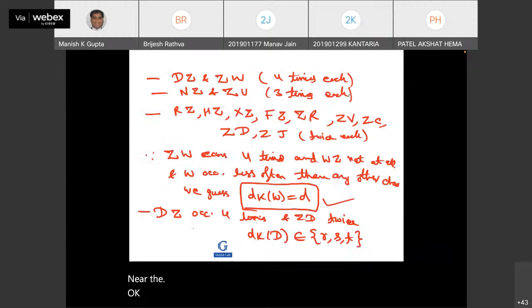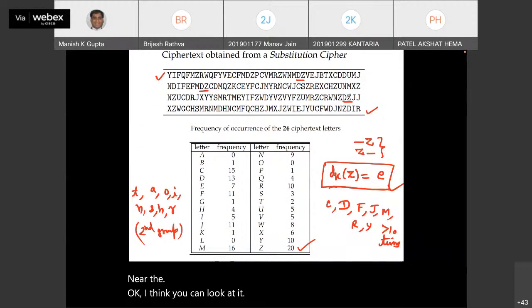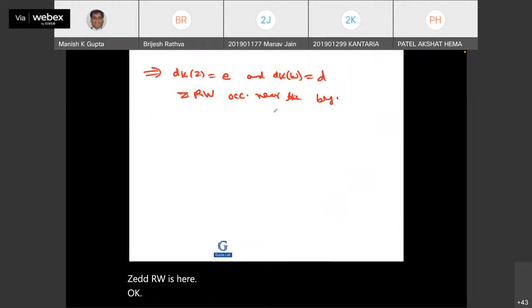ZRW is here. So near the beginning, and RW occurs again later on.